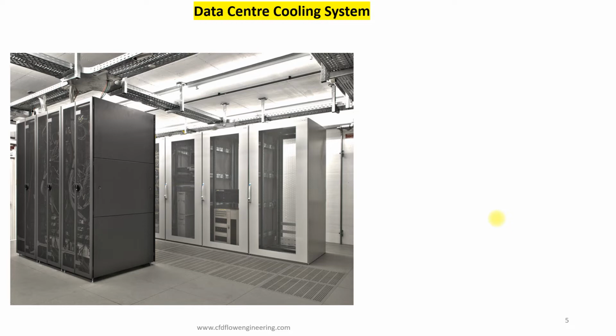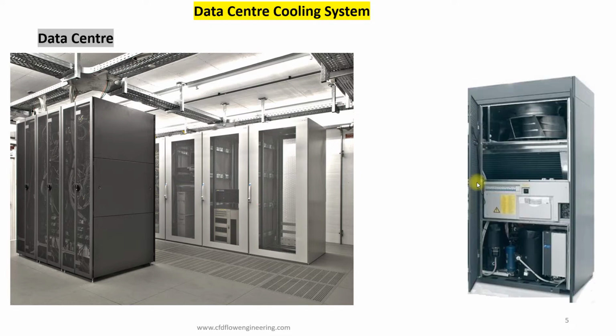Here we learn what is data center cooling system. This is a data center, and this air gets heated when it passes through this data center, and it flows out from the room of data center, and this heated air passes through this RAC unit.